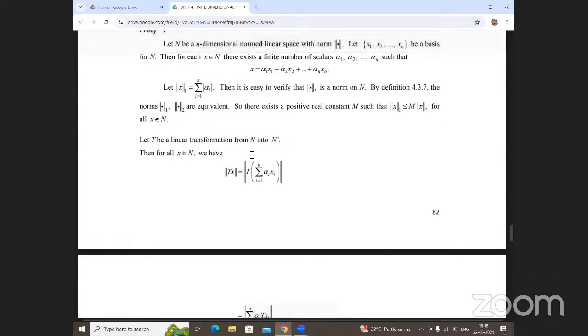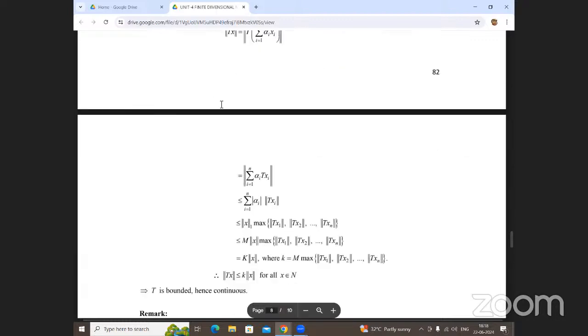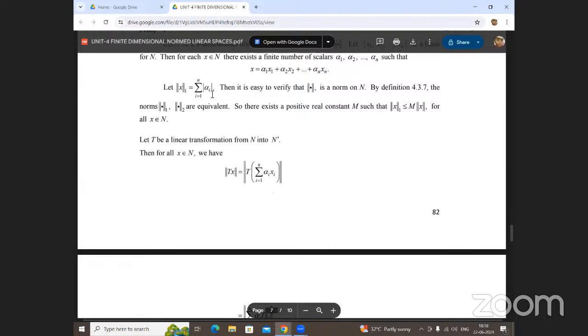Suppose capital T is a linear transformation from N into N dash. Applying the norm on both sides, norm Tx equals norm T of summation alpha i xi, replacing x. Students, this is one of the most important concepts. This value is not mod alpha i but alpha i xi; please correct this step.